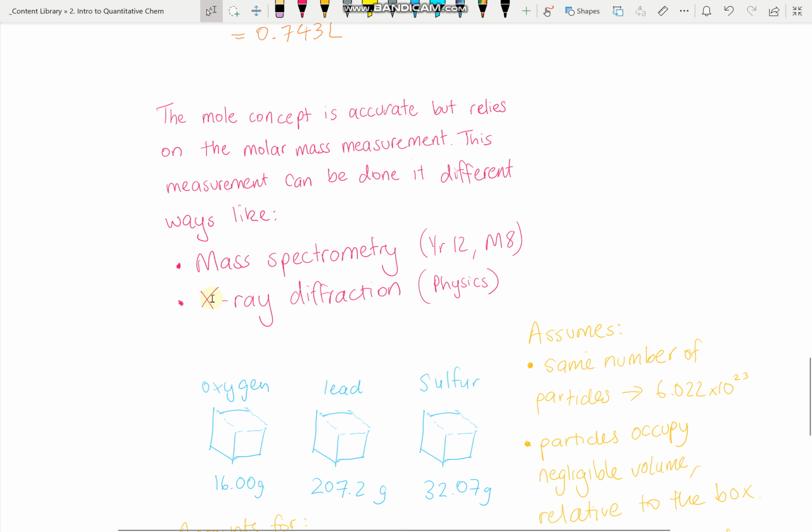And you can use that to estimate, based on the number of signals you get at each one, the particle number. And you can also shoot x-rays, and based off how they bounce around and interfere with each other and come back and be detected, you can actually work out the spacing between particles. And if you know the density of particles, you can use that to estimate the number of particles present.